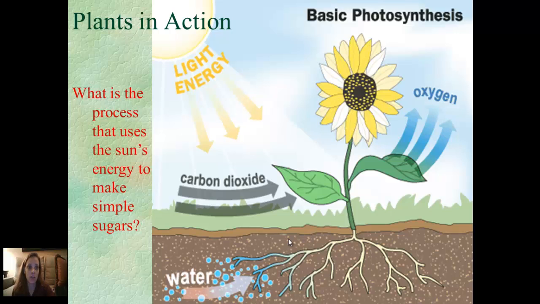So plants in action. What is the process that uses the sun's energy to make simple sugars? It is photosynthesis. So these plants are absorbing energy, and they are absorbing carbon dioxide out of the atmosphere. So plants are miraculous. They take carbon dioxide, which is a waste product for us, out of the atmosphere, and they use it in order to create food for themselves and food for us.